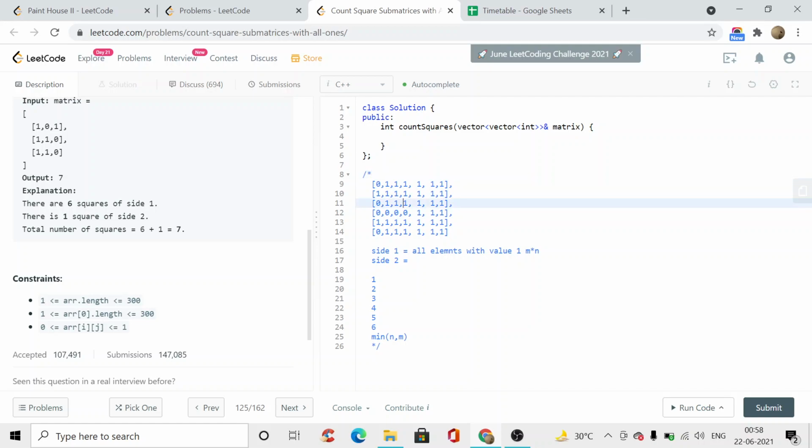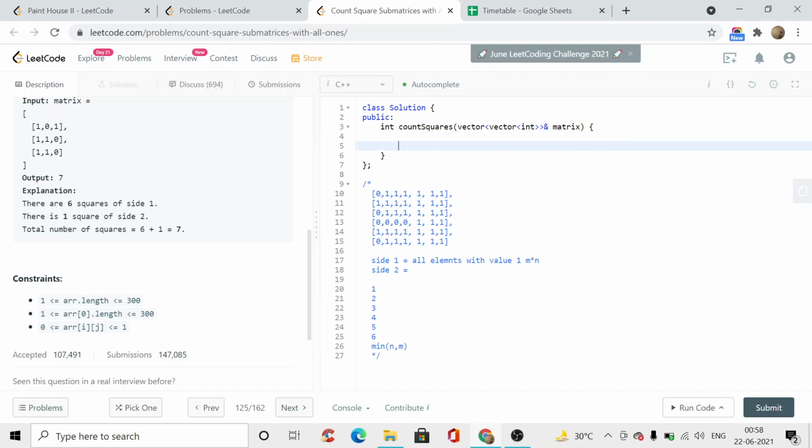So if I have to find a sum at this position, it will be the sum at this position plus whatever cumulative we try to find up till now, something like that.